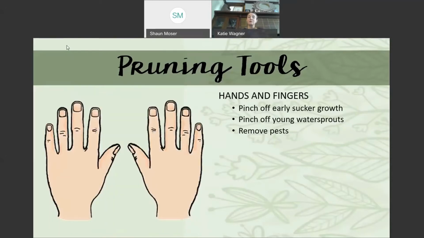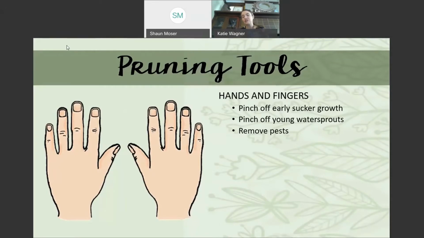One of our most important pruning tools actually is our hands. People don't do this very often, and you really should probably consider doing it more. We'll talk about this with fruit tree pruning. We can constantly be walking around our yards and gardens and looking at our plants. If we're noticing things like water sprout formation up in the branches of the tree, when the water sprouts are just coming on, they're really easy to pinch off with your fingers.